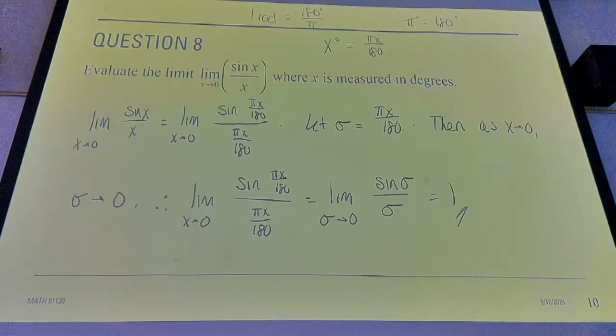No, it's not. Okay, so what did I screw up? Oh, you know what? That's what I screwed up. It's actually only the one in sine that we have to convert.